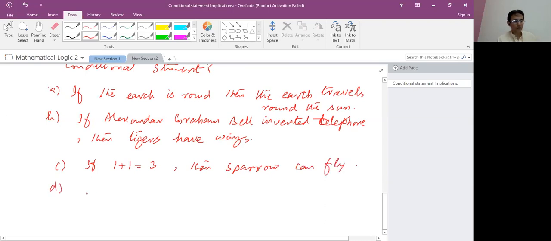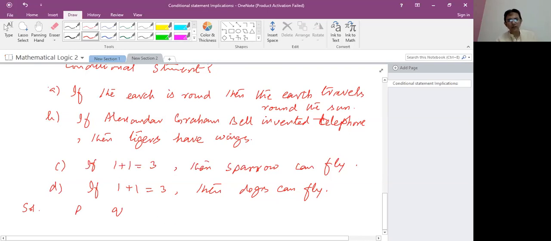Now the last statement: if 1 plus 1 is equal to 3, then dogs can fly. So student, these statements we will convert into a truth table and define the conditional statement.